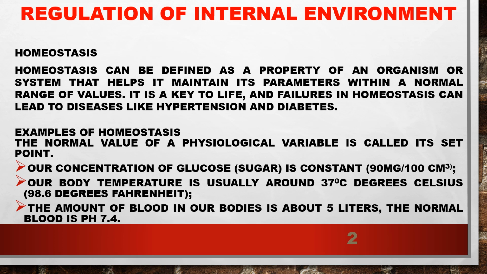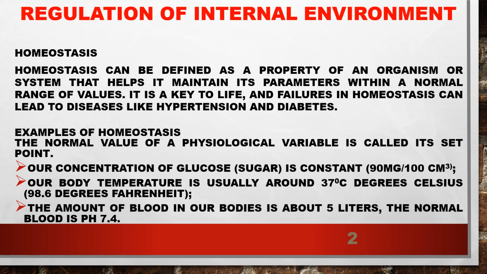So when the homeostatic mechanism maintains the level of glucose at 90 mg per 100 centimeter cube, that is when we will say that the volume of glucose in the body is kept within the set point value.